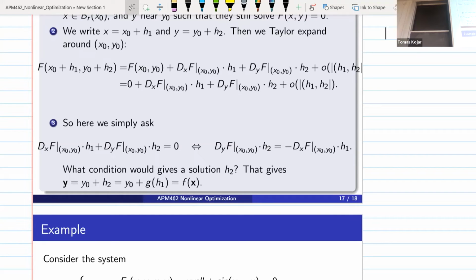We said the question was, when is this the biggest? Imagine you're on the unit sphere, and the biggest is when v is parallel to the gradient. No, cosine theta will be 1. Theta will be 0. Yeah.